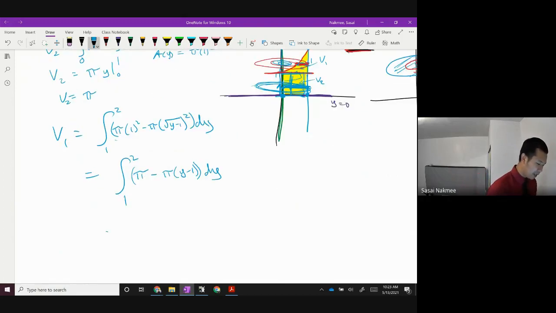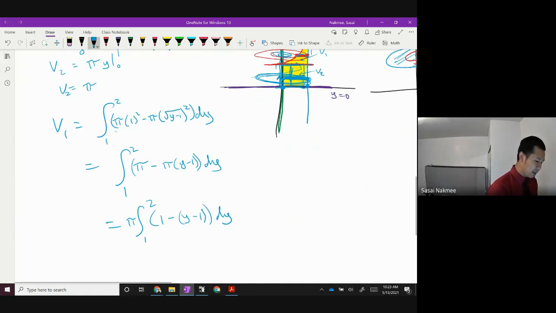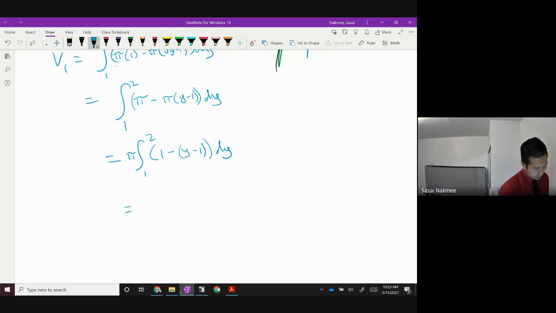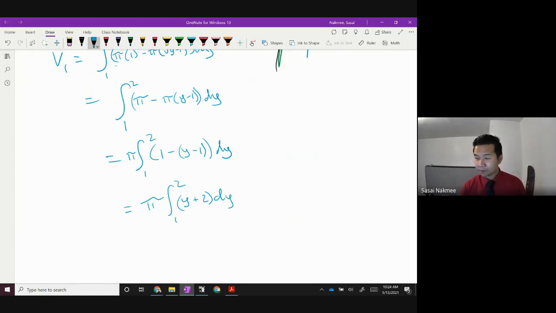I can put the pi out in front, and this is going to be the integral from 1 to 2 of 1 minus (y minus 1) dy. Distribute that minus sign. I end up with the integral of pi from 1 to 2 of 1 minus y plus 1, so it'll be y plus 2 dy, which will be a little bit easier to do the integral of.